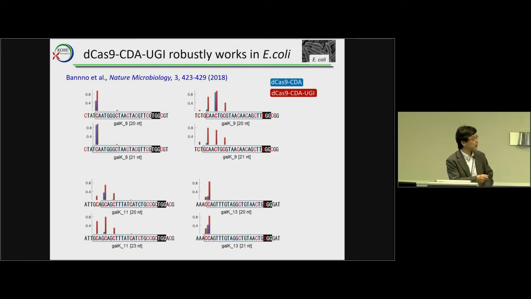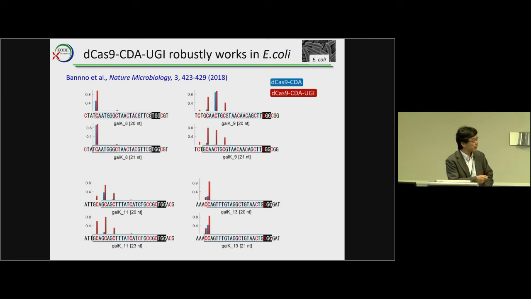We utilized different lengths of the guide RNA. This is 20 and this is 21 guide RNA length. This blue showed the dead Cas9 cytidine deaminase, and this red one showed the dead Cas9 and the AID and UGI, uracil glycosylase inhibitor case.